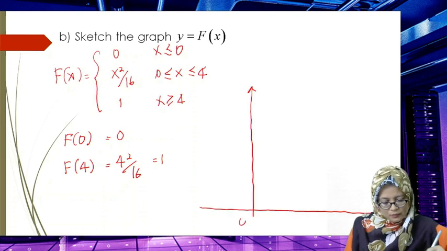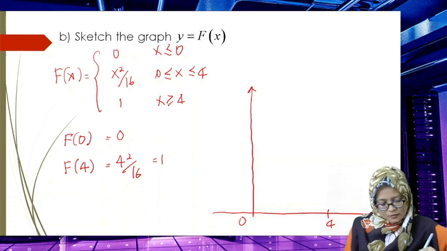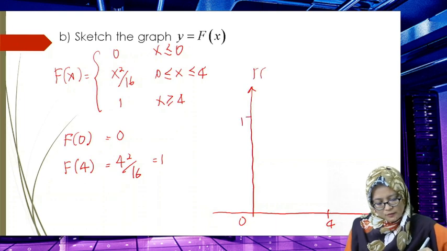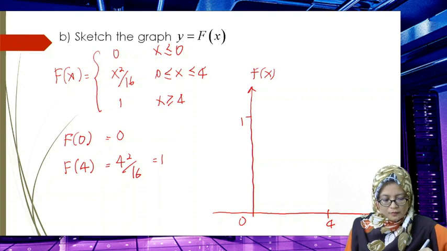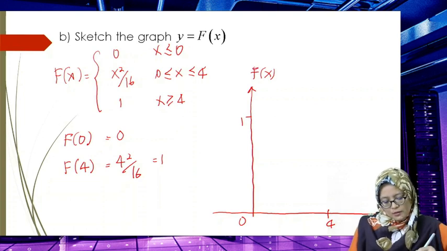Okay, so 0, 4. Okay, so kalau x 0, fx pun 0. So ini 0, 0. Okay, kalau x is 4, fx is 1. So ini 1.